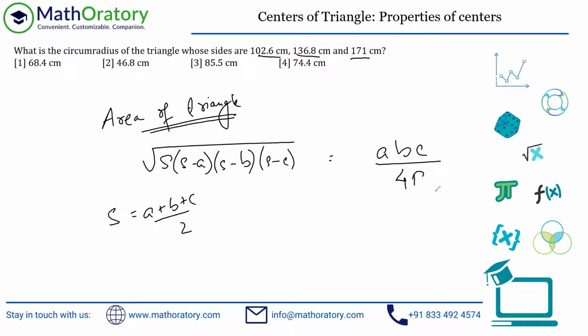This is also one way to find the area, where A, B, C are the three sides again, and R is the circumradius, whatever we are looking for. Because A, B, C are known, S is known, and here also A, B, C are known, you can figure this out, right? So this is the traditional way, but obviously we are not going to do that.